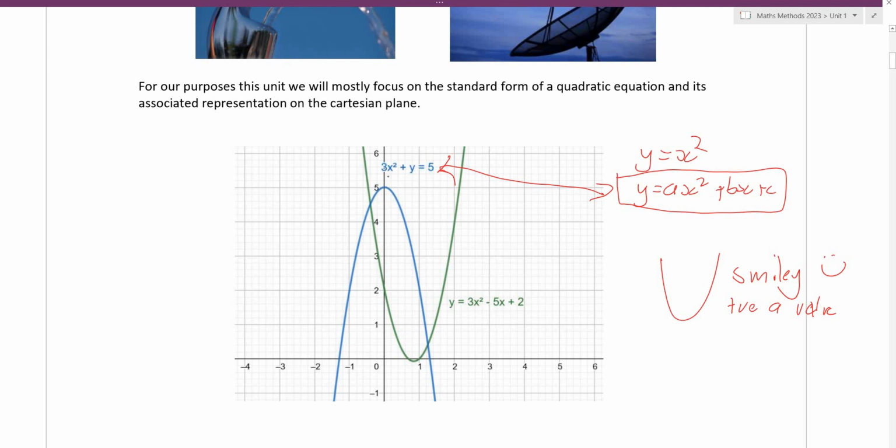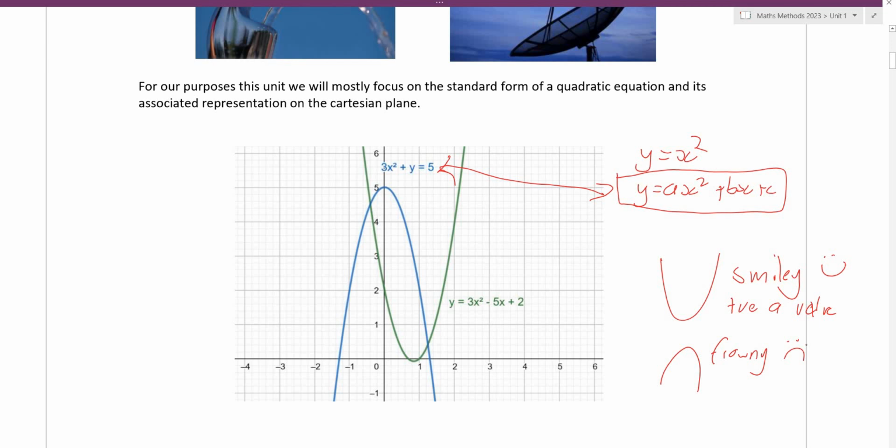The reason is because y and x are on the same side. To get it into the general formula, y equals ax squared plus bx plus c, you'd have to minus 3x squared from both sides. You'd end up with y equals minus 3x squared plus 5. And then in that case, it would be a negative. So there we go. We call this one a frowny.